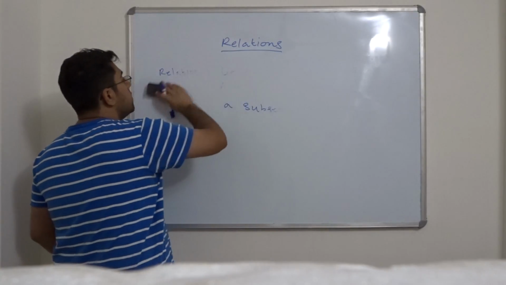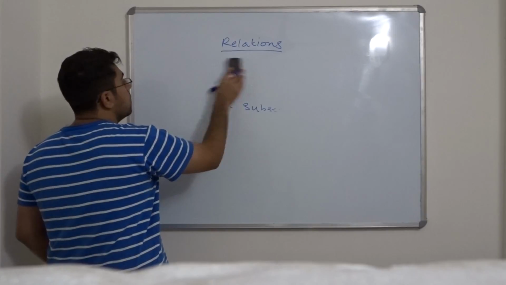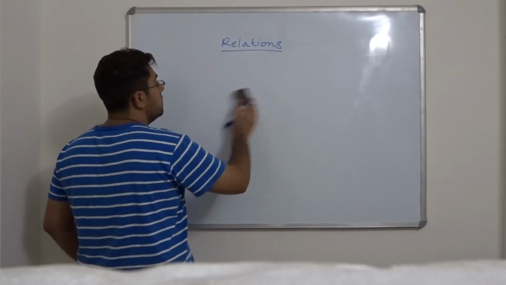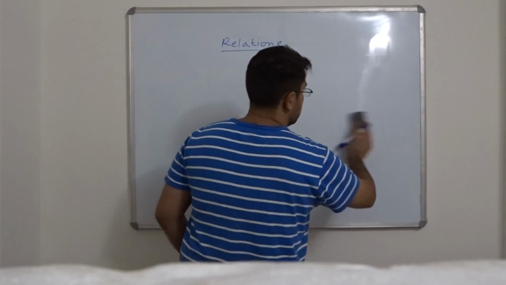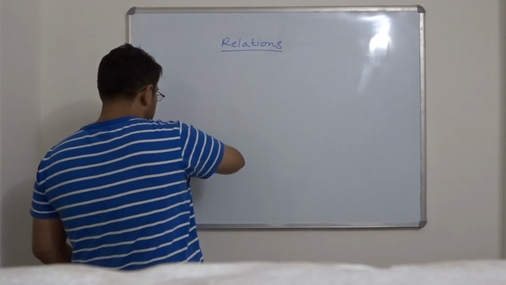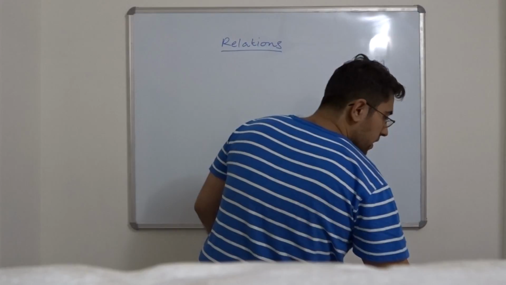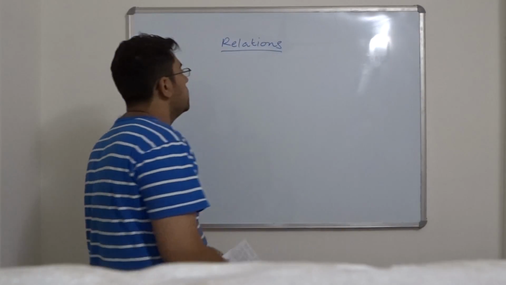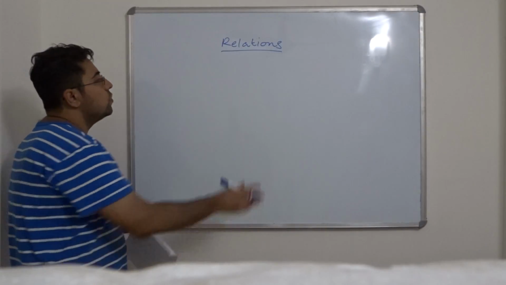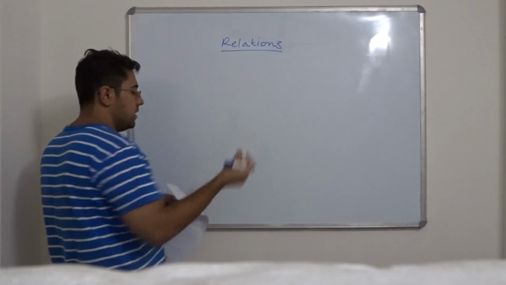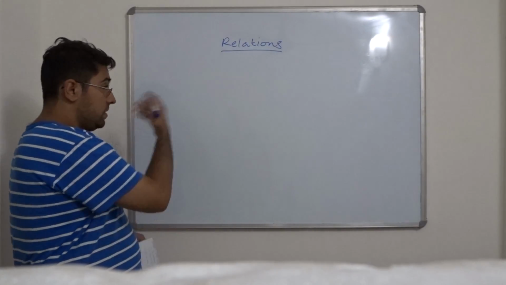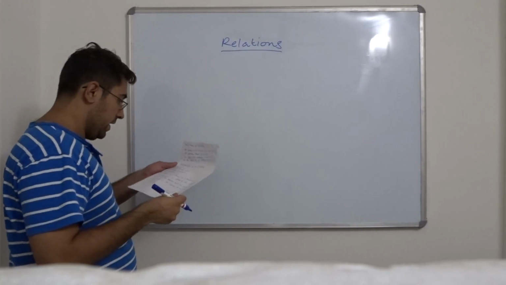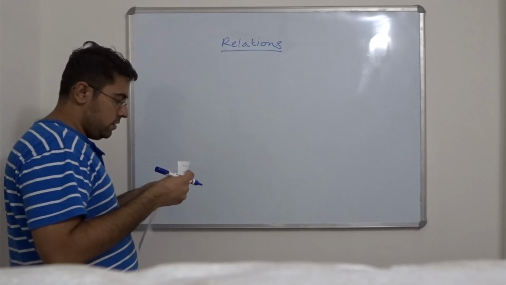I'm not trying to waste too much time on theory, because theory should be very straightforward. When you do the practice questions, the exercise questions, then all the basic theory that I've been teaching you will come out. And when I explain everything, you'll understand it better, instead of wasting time explaining each and everything again and again.